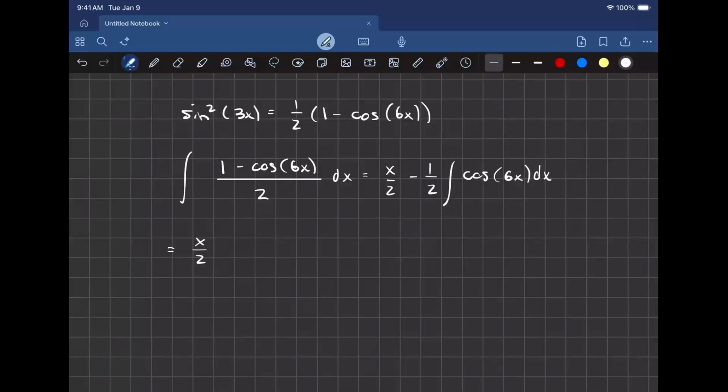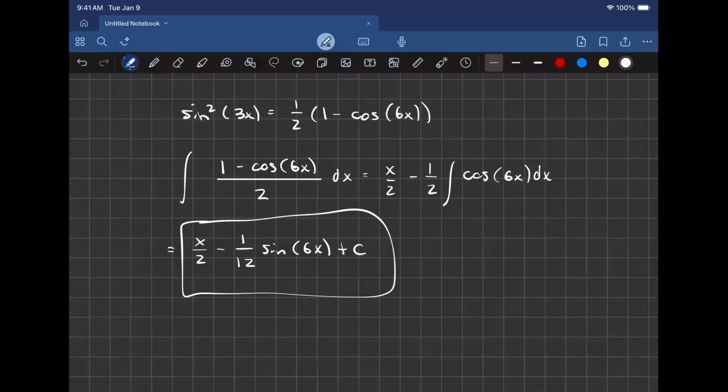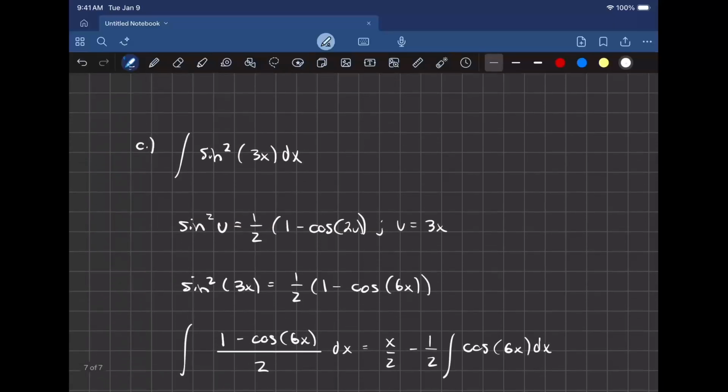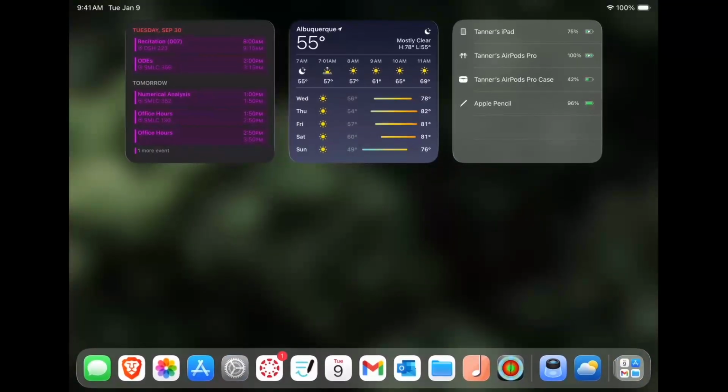We'd have x over 2 minus, we're going to divide by this 6, so 1/2 times 1/6, so minus 1 over 12 sine of 6x plus c. So this is our solution. Very simple, just use this identity.